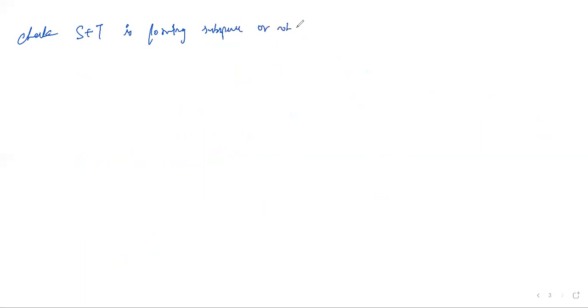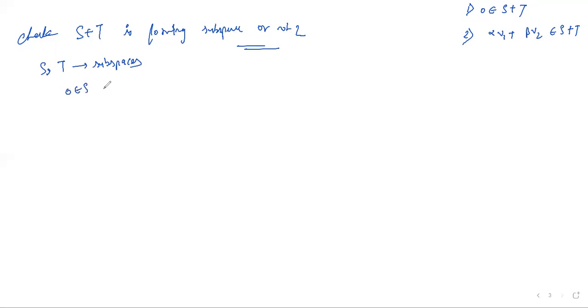So for checking a subspace, what are the two conditions? The first is whether the zero vector belongs to this sum S plus T or not, and the second is whether the linear combination, alpha v1 plus beta v2, where v2 is another vector, belongs to S plus T. We know that S and T are subspaces, so the zero vector belongs to S and the zero vector also belongs to T. Then the sum of these two, 0 plus 0, equals 0.